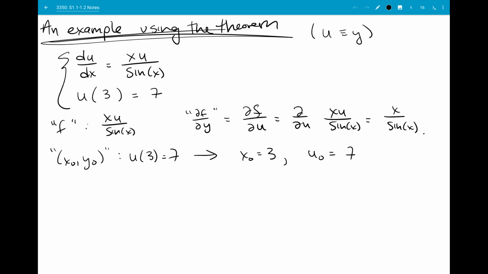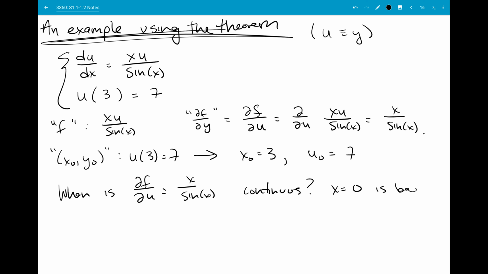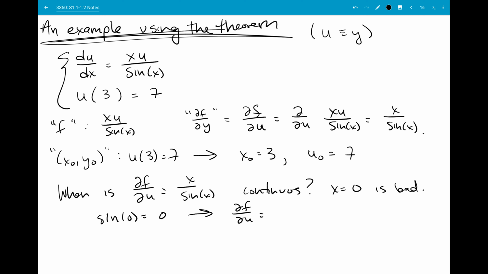So what I care about is when is df du equal to x over sine of x continuous? And what's going to happen is x equal to 0 is a problem. Sine of 0 equal to 0 means that df du is equal to 0 over 0, and that's a problem.